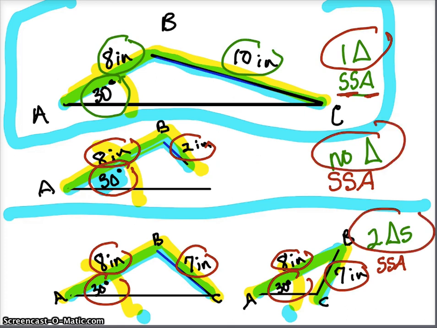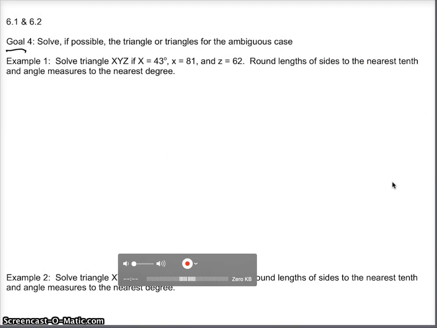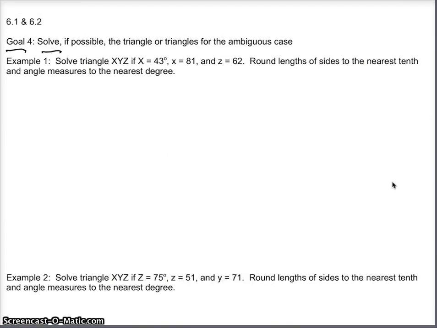Let's look at our first example. All right, example number 1. Goal 4: solve, if possible, the triangle or triangles for the ambiguous case. Example 1, solve triangle XYZ, and then it gives us angle X and side Z. Notice you're not told that this is the ambiguous case. So the first thing I would suggest is drawing the triangle.